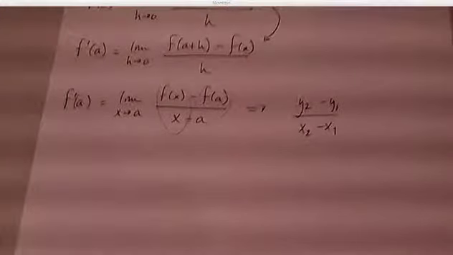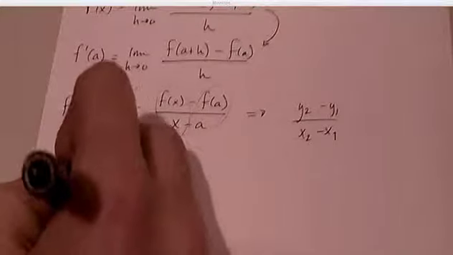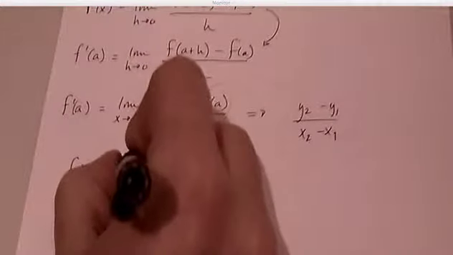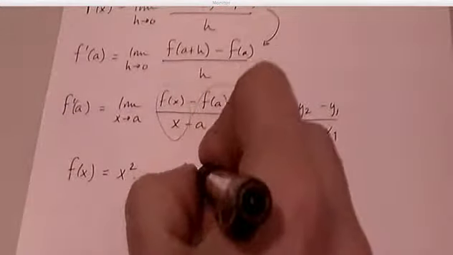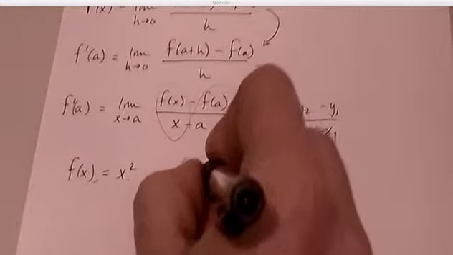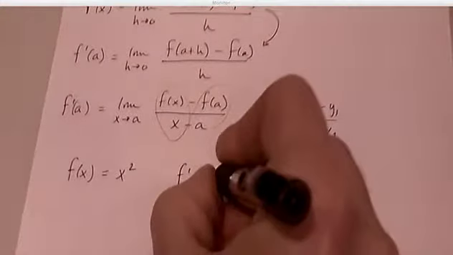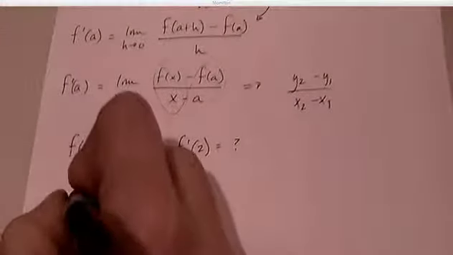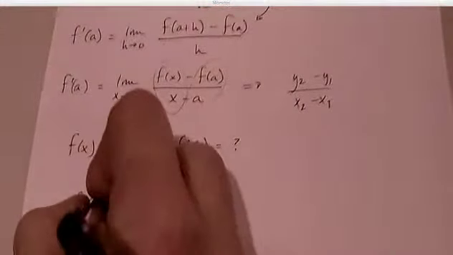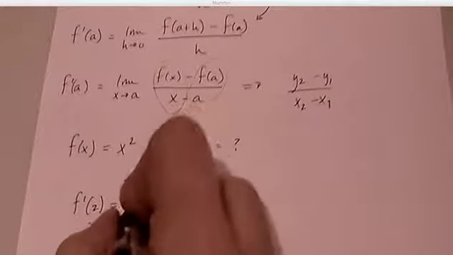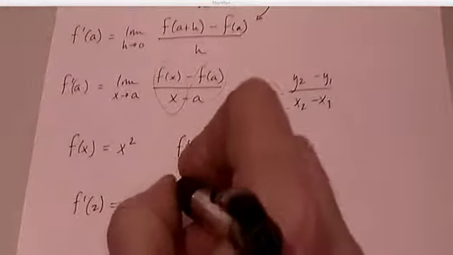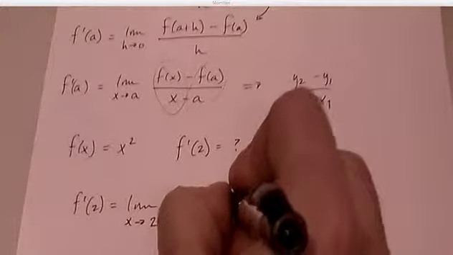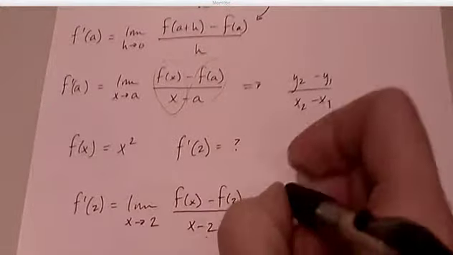Let me show you what this looks like. If I give you f of x is equal to x squared, and I want f prime of 2, what I'm going to do is say f prime of 2 is equal to the limit as x approaches 2 of f of x minus f of 2 over x minus 2.